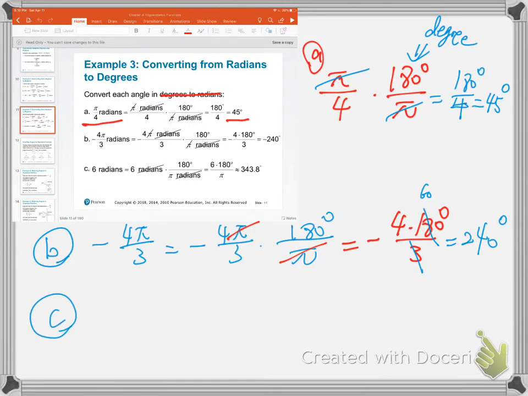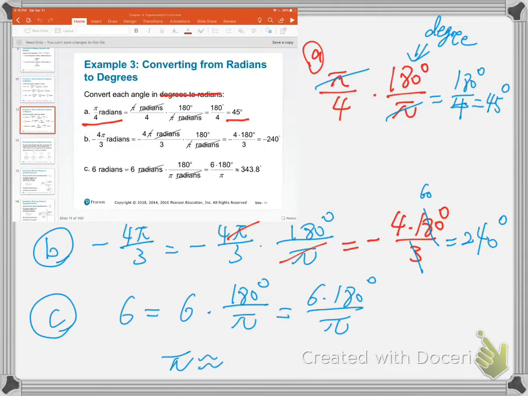And the last example is similar. So 6 is a radian measure, right? Radian measure. So now 6 is 6 times 180 over pi. So we got 6 times 180 degrees over pi. Now in question A and B, we cancel the pi, but in 6, there's no pi there. Yeah, we have to use a calculator.